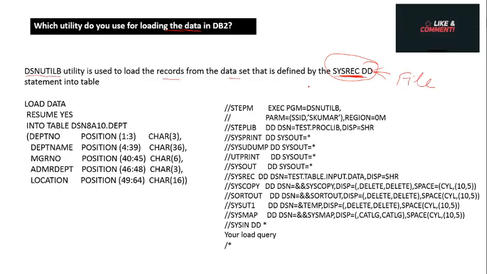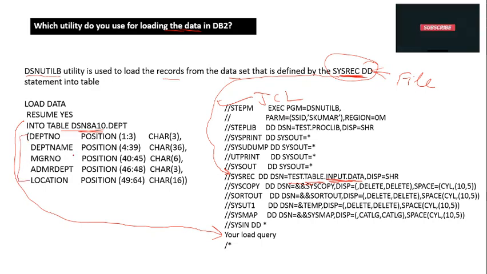I can show you, this is our JCL, and here you can see SYSREC. You need to give your input file data which you want to load into a table, and the table in which you want to load, you need to give in this query, based on the fields in the table.